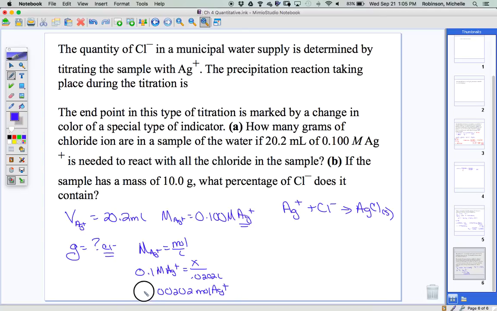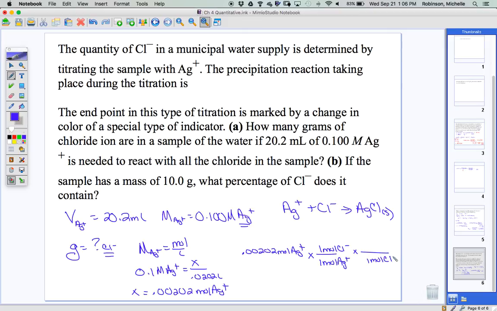Gives us our moles of Ag plus. Same thing we did last time, is it not? So now we have the stoichiometry part. We have to go from moles of Ag plus to moles of Cl minus. And then we have to go from moles to grams.